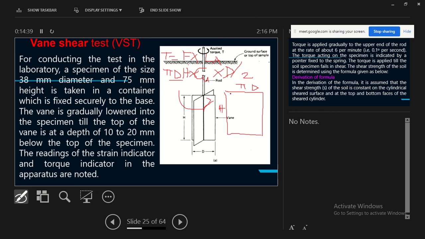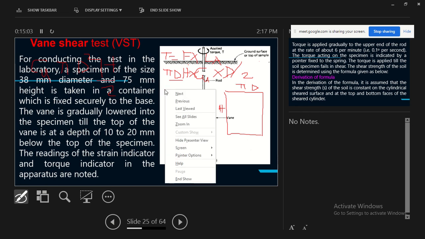So the contribution due to the cylindrical part is quite straightforward: pi D squared H over 2, times Cu. That's the contribution due to the cylindrical part.